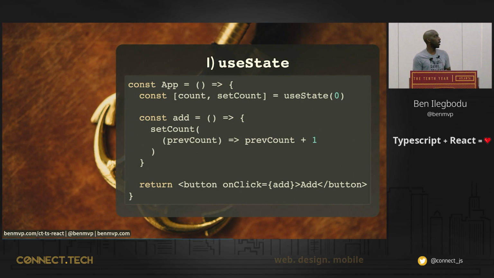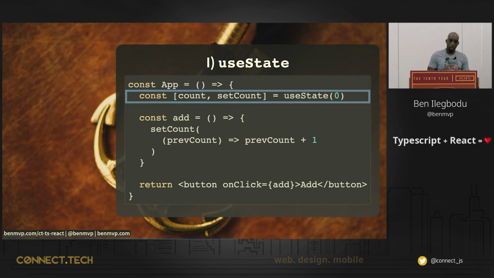The first one being useState. So now that our props are fully type safe, we need to make sure our state is as well. That way, when our types are refactored, we can ensure that our app is correct. Okay. So generally, you don't have to do anything special with useState. It can infer the type based upon the default value we pass into it.